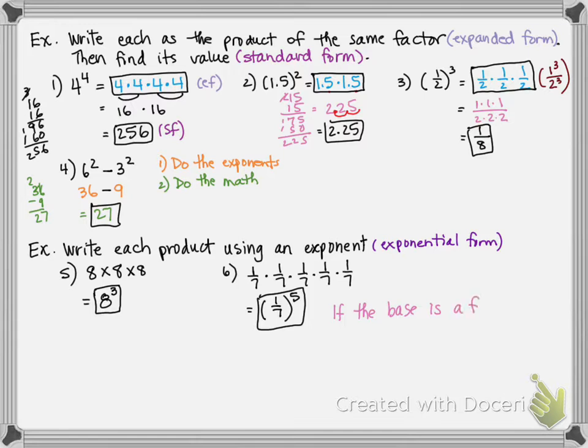The only thing that is interesting about this one is that if the base is a fraction or decimal, you must use parentheses, like we did in the last chapter with ordered pairs, but for a different reason: to separate it from the exponent.